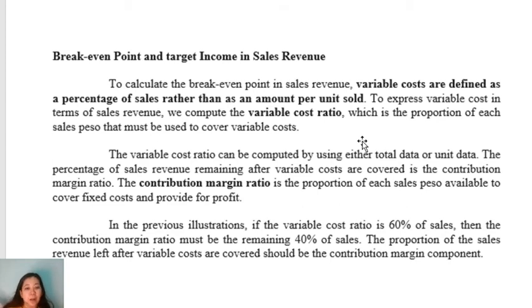In the previous illustration, if the variable cost ratio is 60% of sales, then the remaining part of the sales, which is 40%, will be our contribution margin ratio. So it is the proportion of sales revenue left after the variable costs are covered. That's why we just deduct 60% from 100%. Our 100% basis here is your sales revenue.